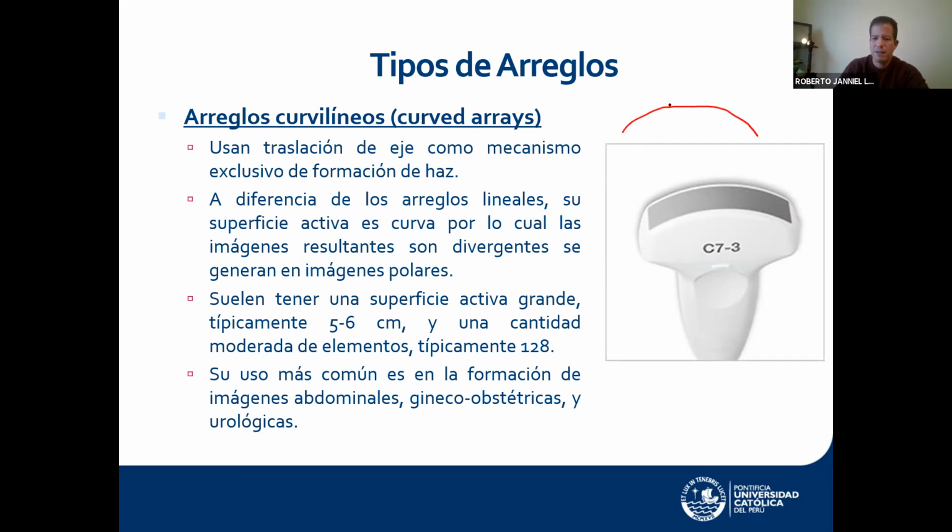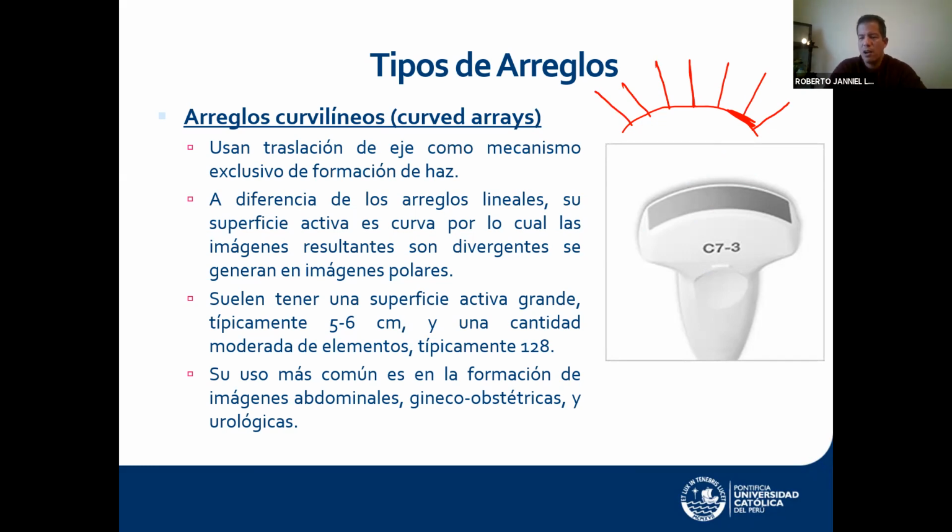So when you're firing the elements, the array locally is tilted, so propagating a beam to the front makes the beam go this way, and then this way. So what you end up with is also some sort of a polar scan.